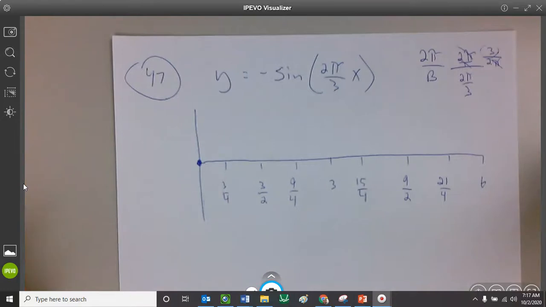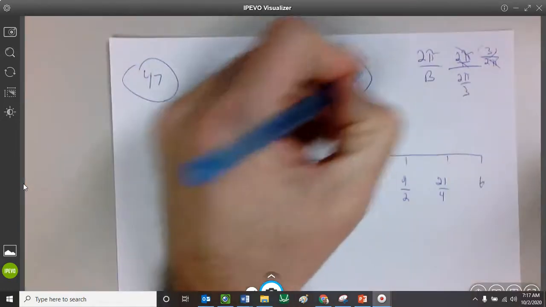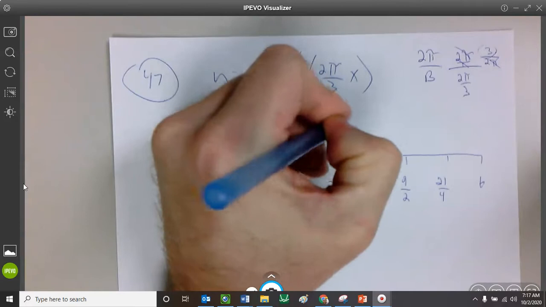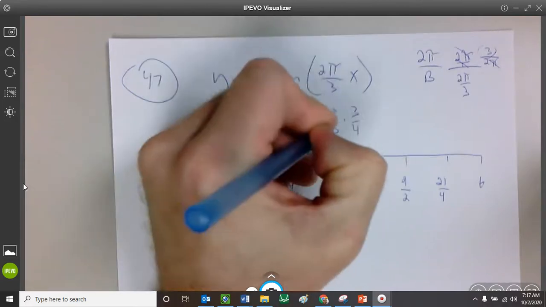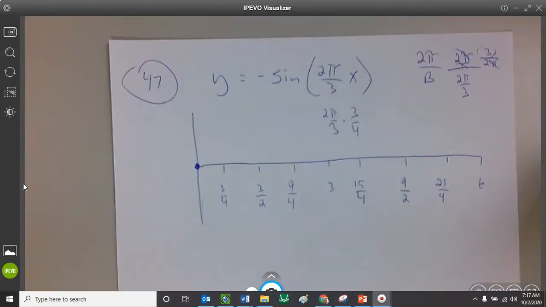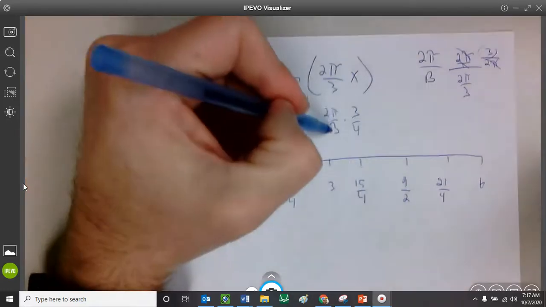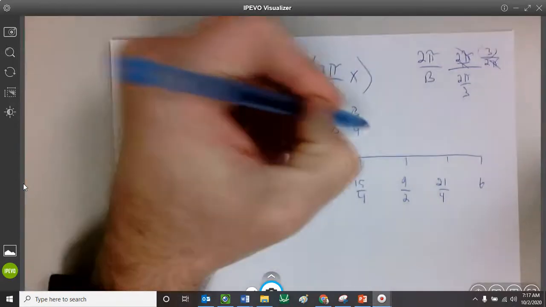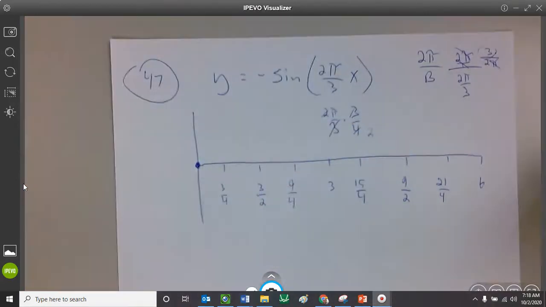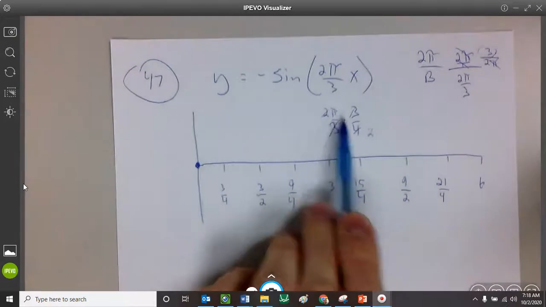Next one, 3 fourths. Okay, so I'm going to plug in 2 pi over 3 times 3 over 4. And at first glance, it looks like it's going to be a mess, and I have to find this crazy sine. I better get out my calculator. No, no, no. We don't have to do that. The 3's are going to cancel. 2 over 4 just reduces to 1/2, and I'm left with pi over 2.